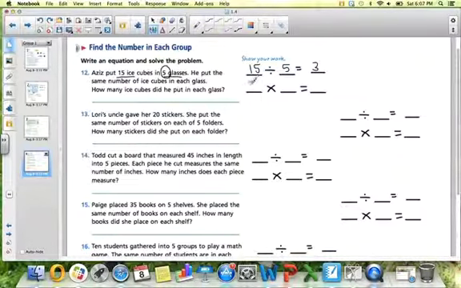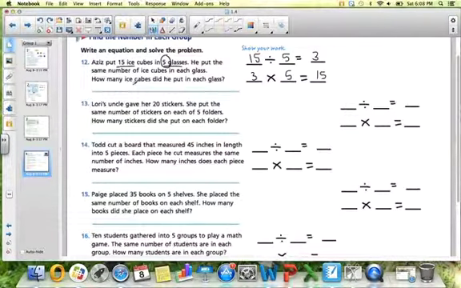You can also solve it with multiplication first to kind of figure it out, but I would rather you try to do division first. So, we would do 3 times 5 equals 15. See, division just undoes what multiplication does. Awesome. So we have 3 ice cubes in each glass.